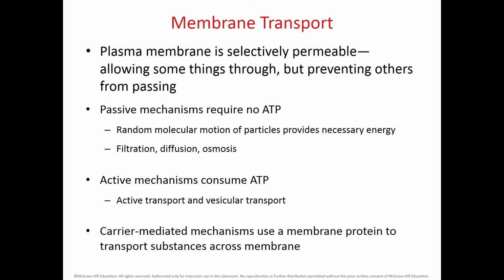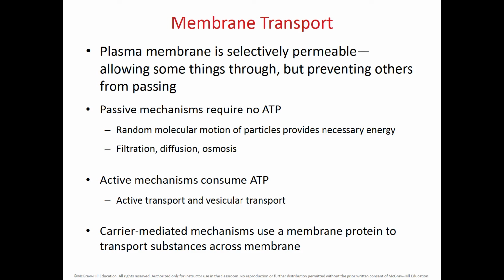Now, in active mechanisms, you have pumps that allow you to move particles against their concentration gradient. So you can move things from less concentration to more concentration, from less to more, against their concentration gradient. You are forcing molecules to go across the plasma membrane.